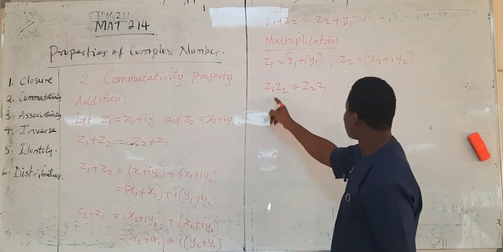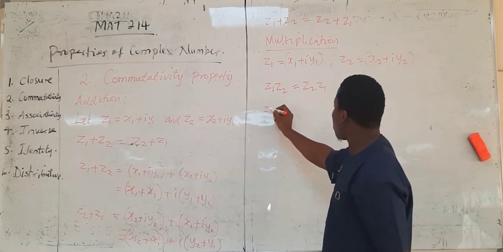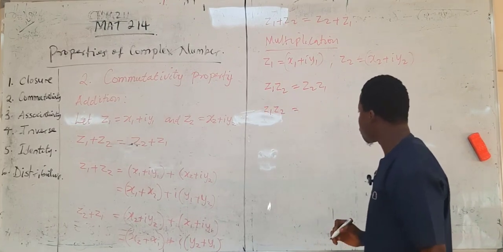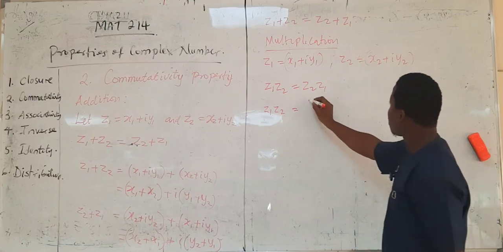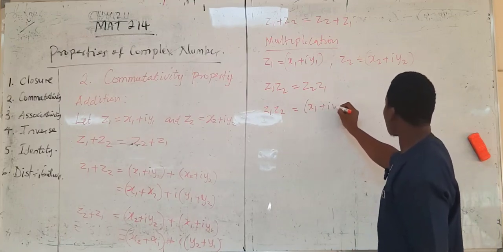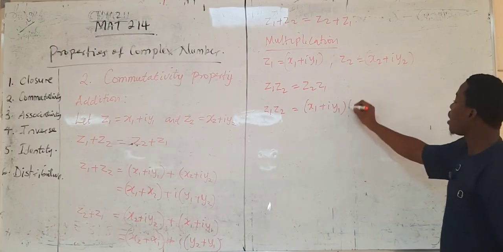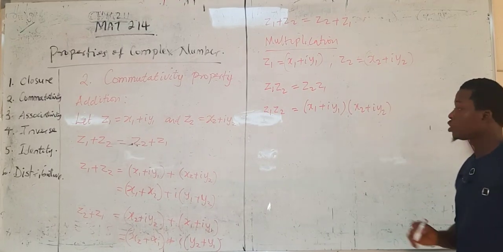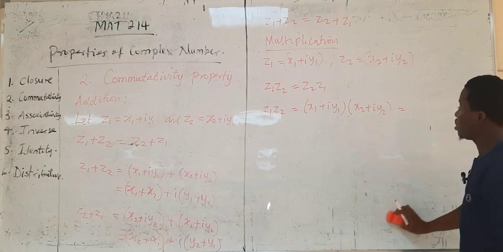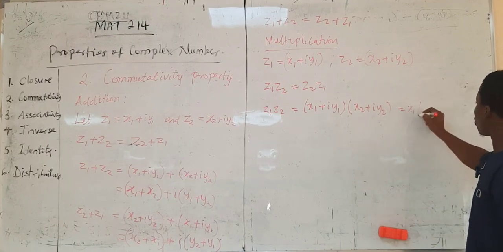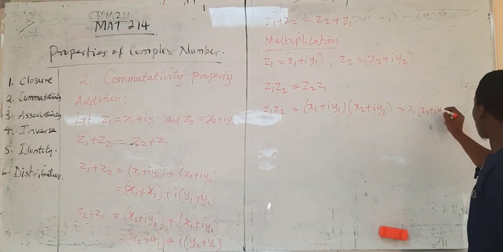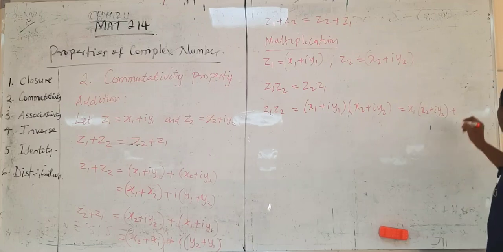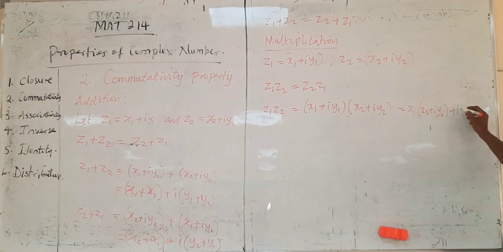Now, for the left hand side, z1z2 is equal to (x1 plus iy1)(x2 plus iy2). Now, expanding, we have x1(x2 plus iy2) plus iy1(x2 plus iy2).